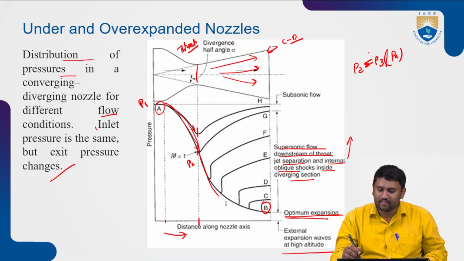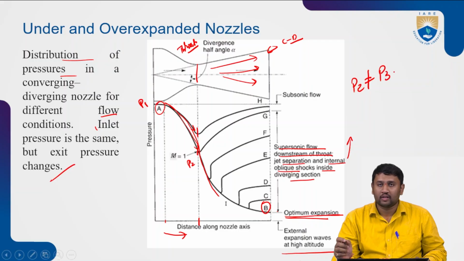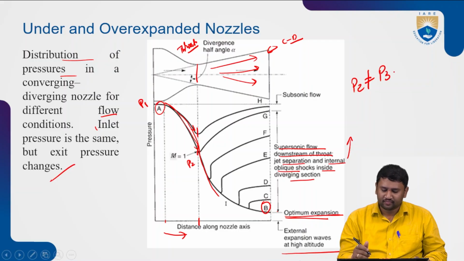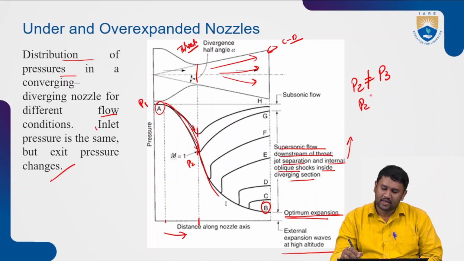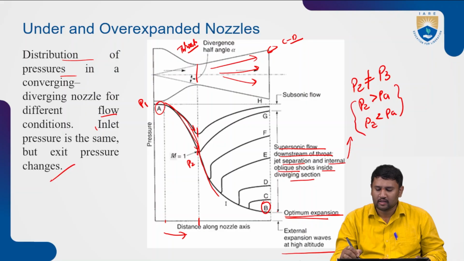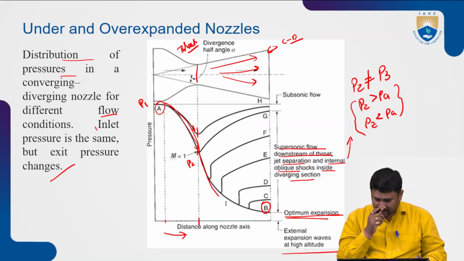If these are not equal, let me just rewrite. If they are not equal, what happens? In case P2 is greater than PA or P2 is less than PA, what happens?